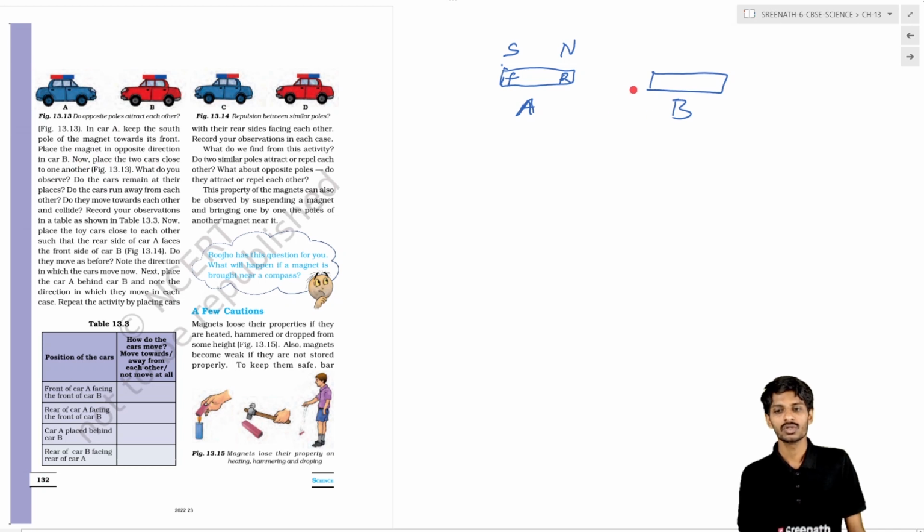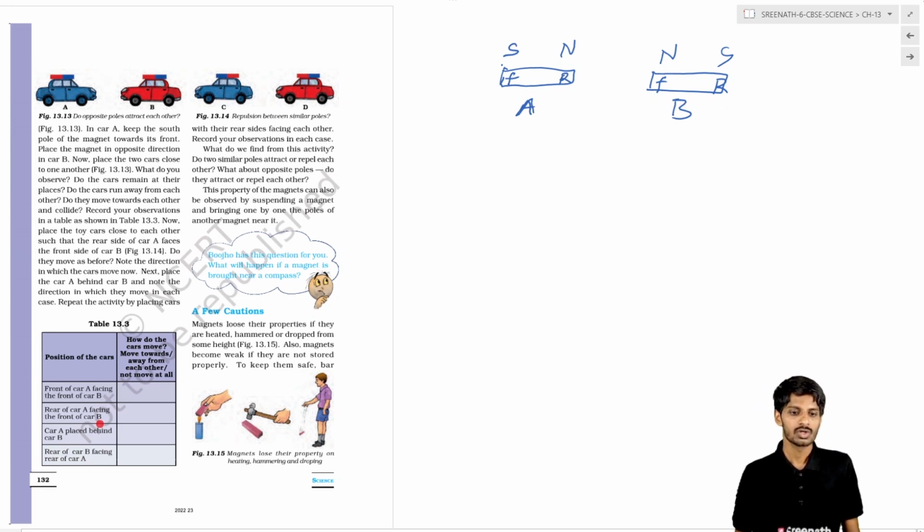Here we placed the south pole in the front side, so in car B you place the north pole in the front side and the south pole in the rear side. Finally, these are the two cars.